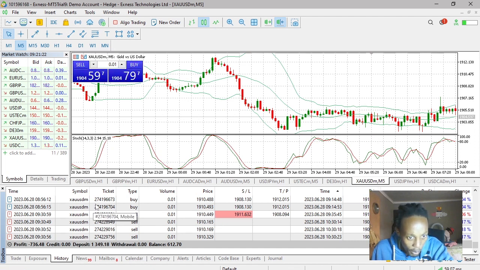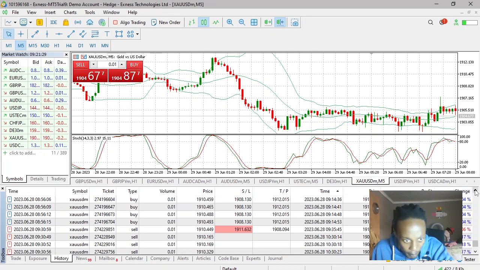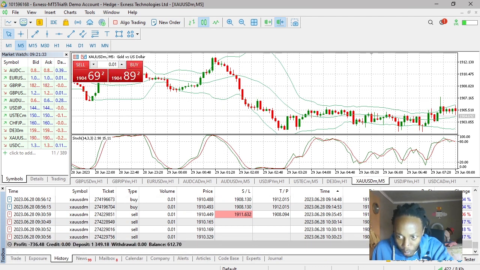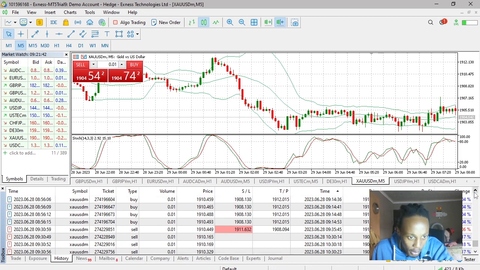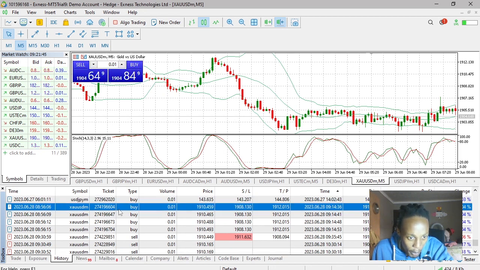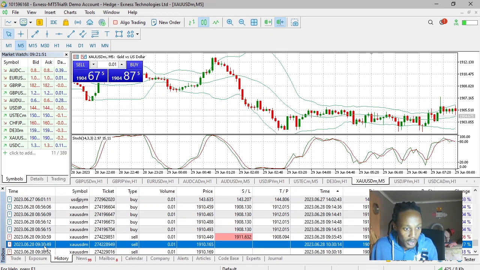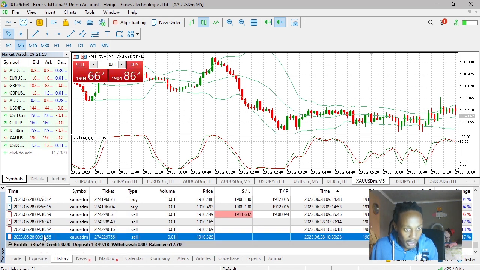You can see this is yesterday. All these are my yesterday's trades. Overall there are a lot more profits than losses. I only took one loss. Using this system, how many trades did I take? 1, 2, 3, 4, 5, 6, 7, 8.